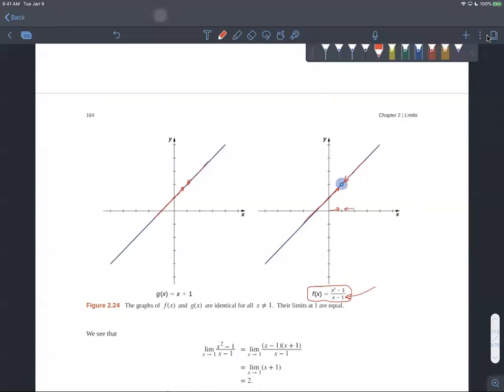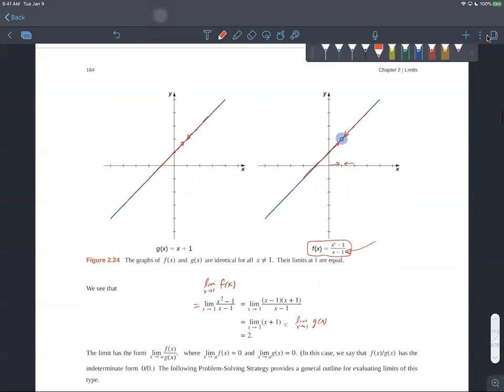And so the limit as x approaches 1 of f of x, which turns out to be this limit written underneath, can be simplified to this, and then you can factor and cancel those two factors there, and this ends up being the limit as x approaches 1 of g of x.